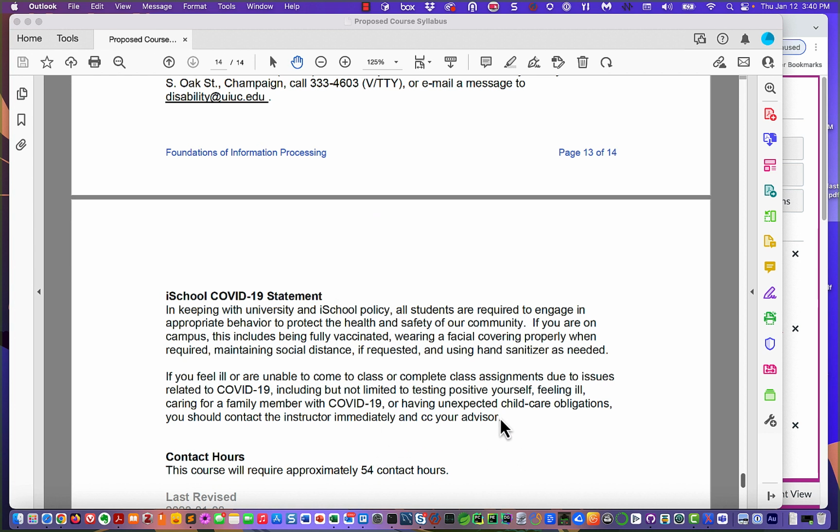COVID-19. We need you to follow the policies for COVID-19. It looks like the university is not going to require masks. I'm going to wear a mask. I'd like you to wear a mask if you can. I wear a mask every time I go inside in public.